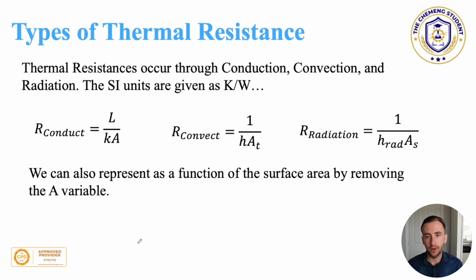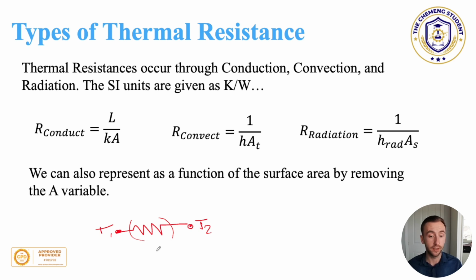Now when we talk about a network diagram, one of the ways that we can represent these resistances, you may have seen this before, is we usually start with, say this was T1, and then we have the resistance, and then this will become T2. So this expression here is how on a network diagram we represent the resistance.